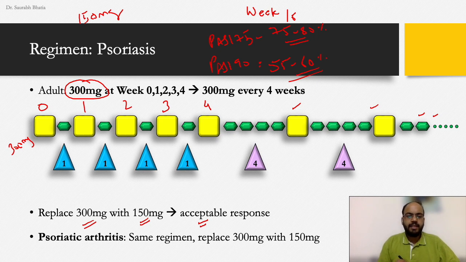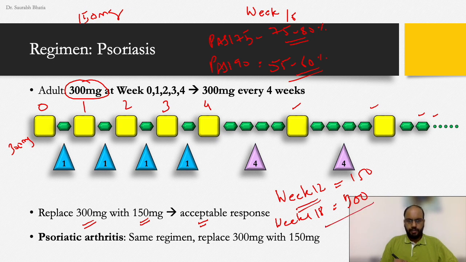So if, let's say, after giving Secukinumab for multiple weeks or months, we have stopped it, relapses occur at week 12 after stopping if we used 150 milligram, and at week 18 after stopping if we used 300 milligram. So if it is 300 milligram, relapses occur at week 18. If it is 150 milligram, relapses occur at week 12.